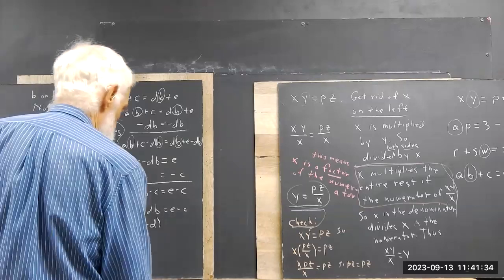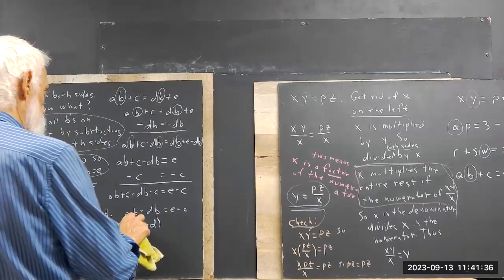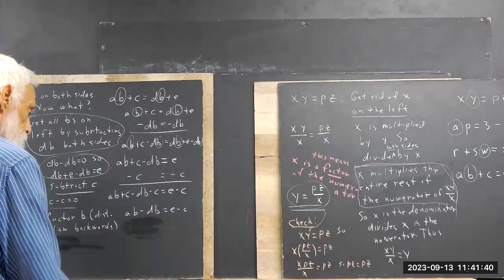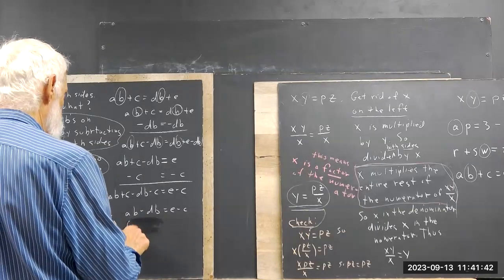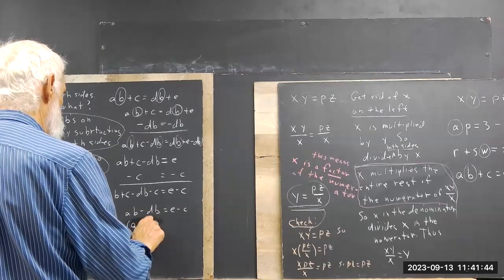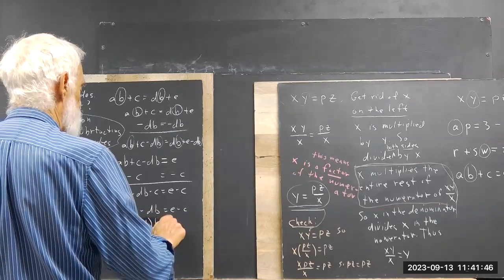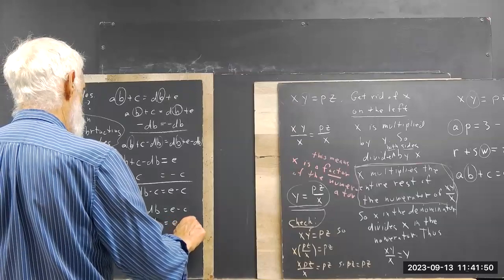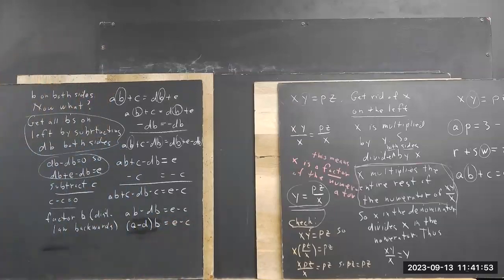I'm going to write this as A minus D times B, just so I have things in a more convenient order. Okay.